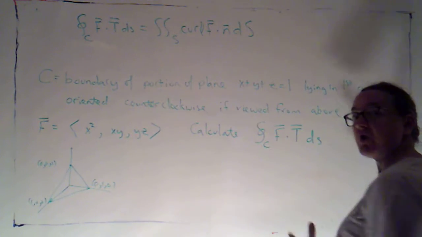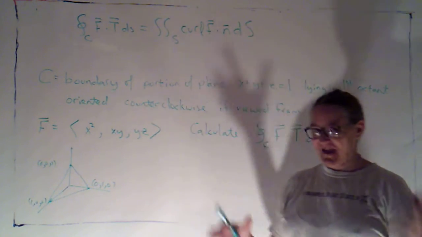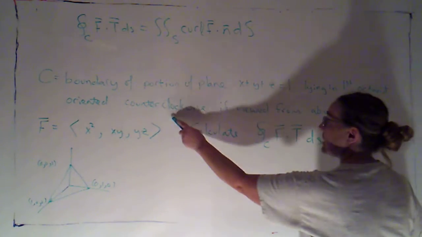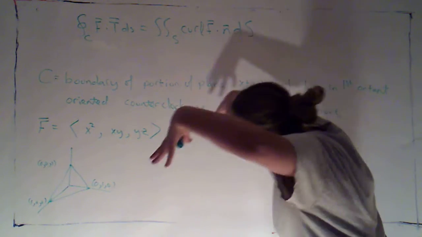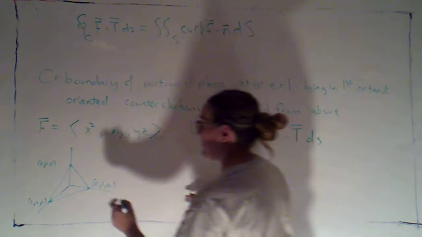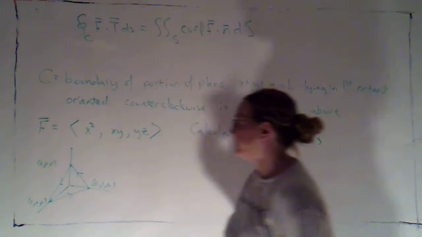So whether something appears clockwise or counterclockwise depends on your perspective in 3-space, and that's why it had to be counterclockwise if viewed from above. If I'm standing above this thing and looking down, it's going to look like it's going counterclockwise. So it would be like so.